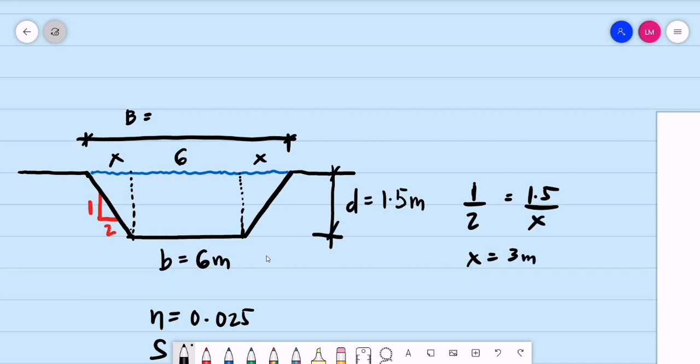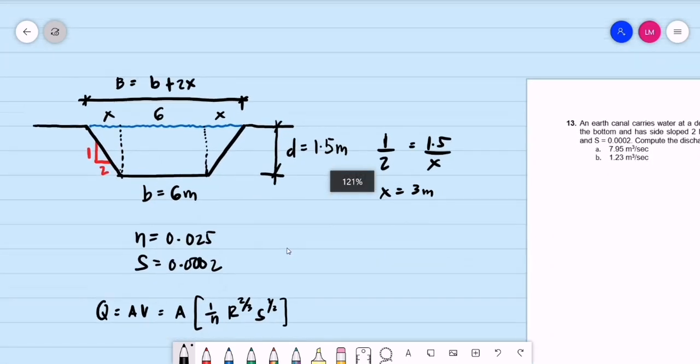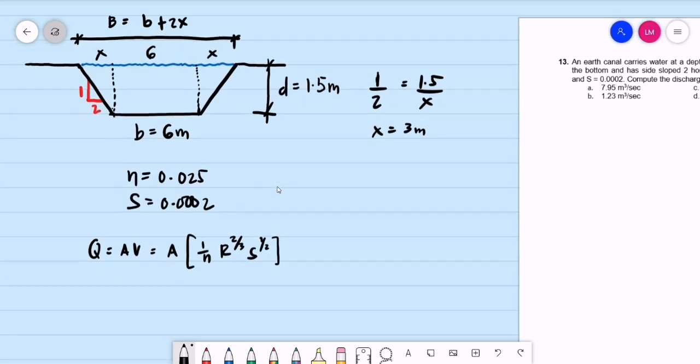So the top base is the bottom base plus twice x, that is 6 plus twice 3, which is equal to 12 meters.